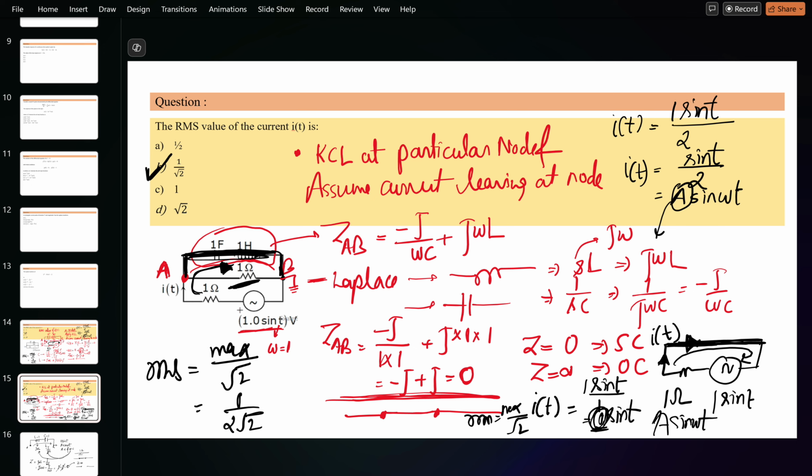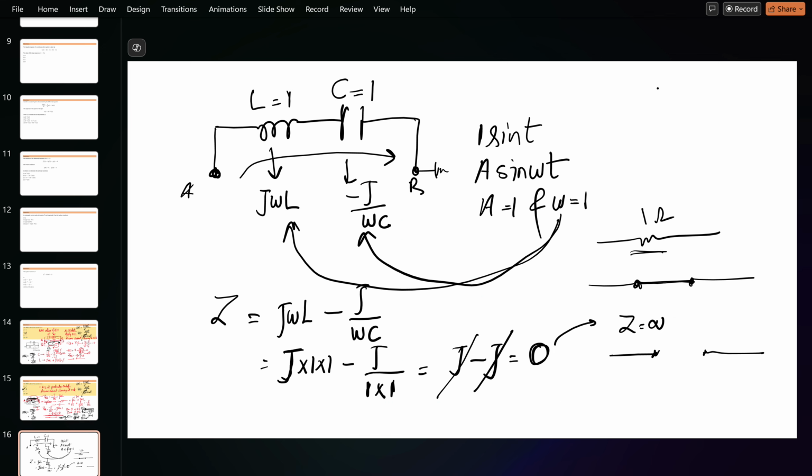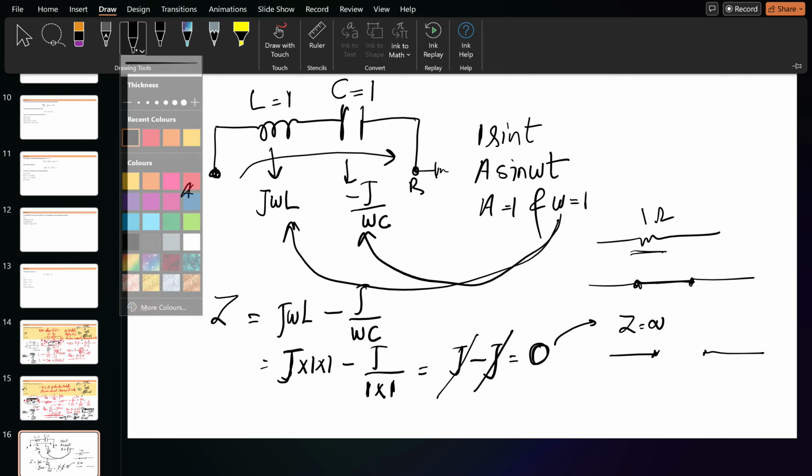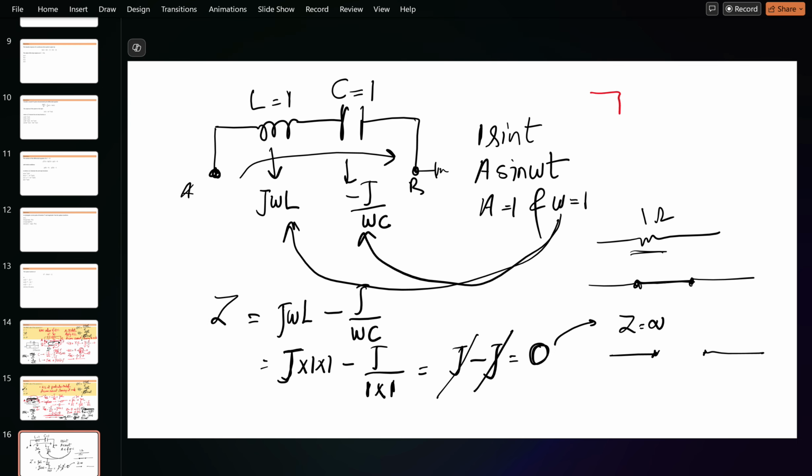Getting my point? See, actually, how is the current being transferred? If it is a short circuited path, always take that as the lowest resistance path and neglect the other circuit which is in parallel. Suppose this is one line with a resistor and an inductor connected, and the other circuit is short circuited, okay, and one source is connected.